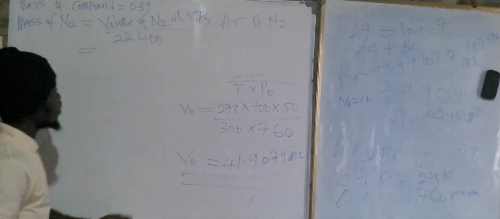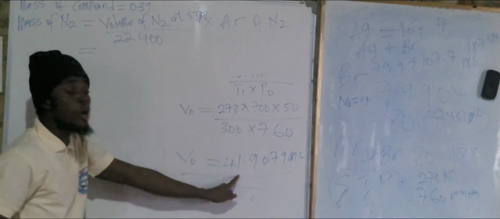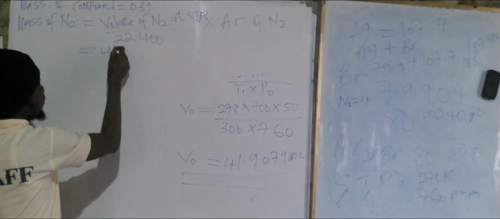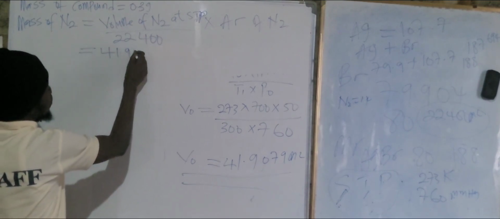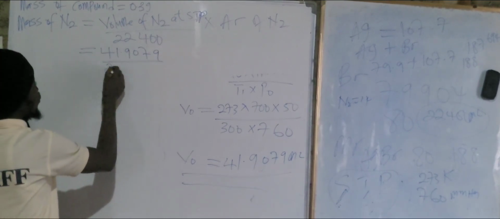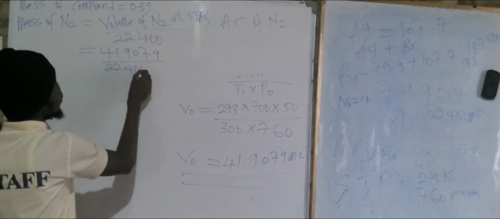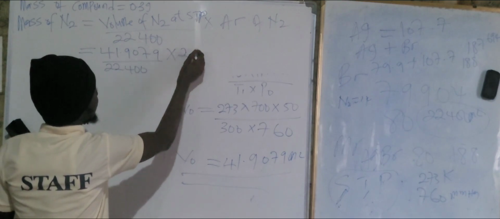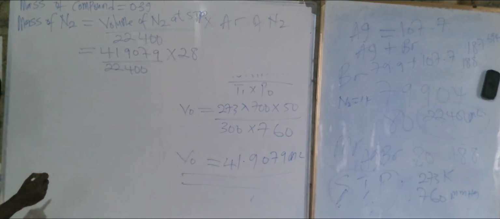Now the mass of nitrogen is equal to the volume of nitrogen at STP, which is 41.9079, divided by 22400, multiplied by 28. Why 28? Pay attention here.